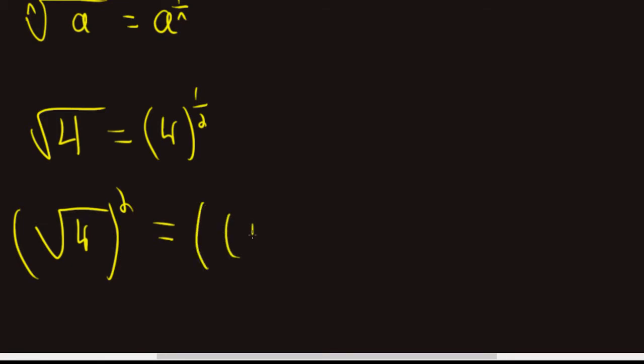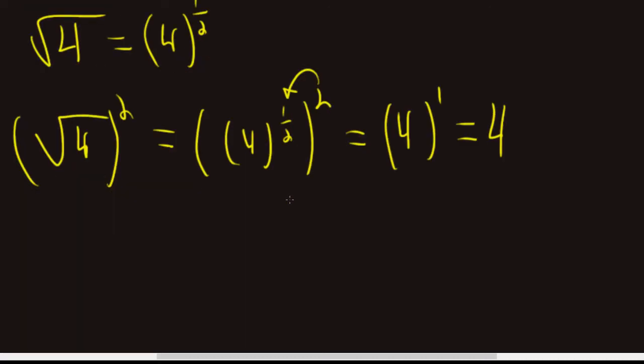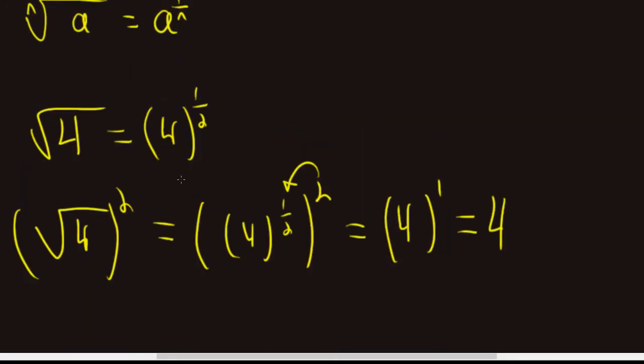Just convert your radical into a fraction. And with your exponent rules, if there's an exponent outside the parentheses, it's multiplied by the one on the inside. 2 times 1/2 gets you 1. So this is the same thing as 4 to the first power, which is equal to 4. I think this is easier to remember than writing it out the other way.